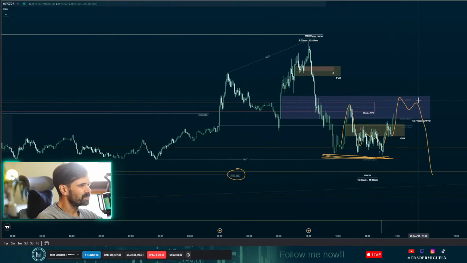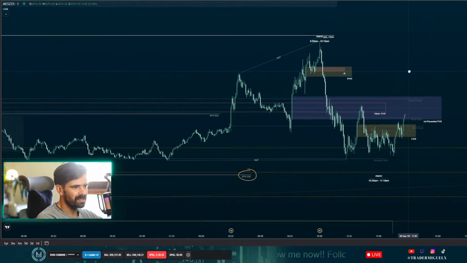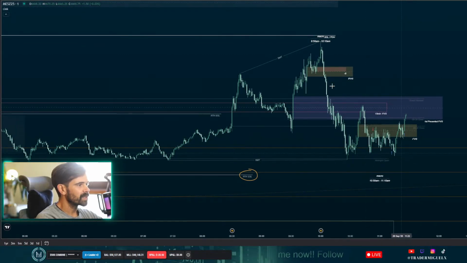This is probably what I'm expecting from price action in the next couple of minutes. It was kind of a shame that I didn't enter here. I really would like to enter somewhere around here, but it never came back to offer me that bounce.